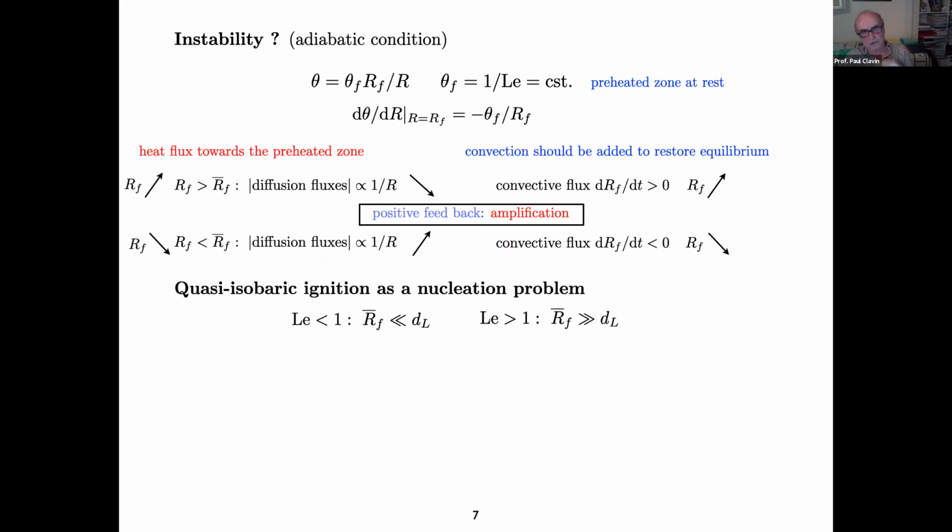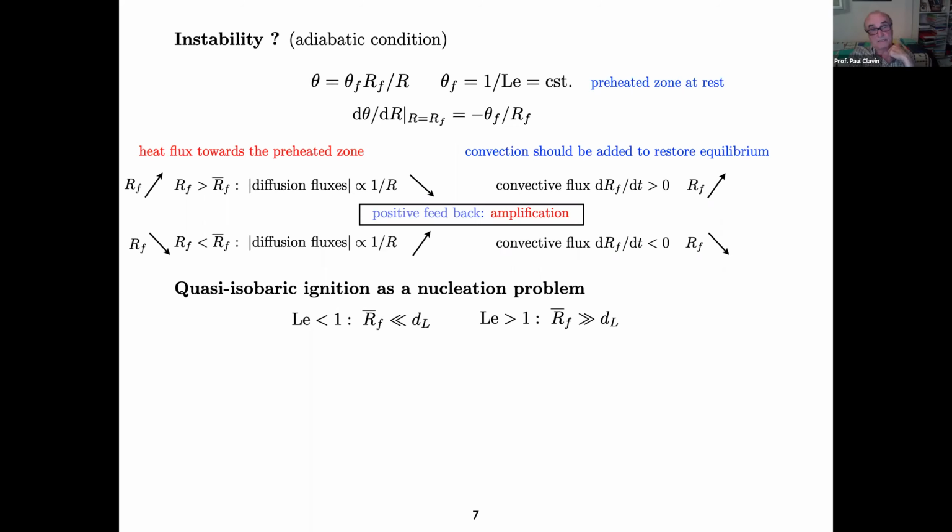But when it is larger, it goes above. So this equilibrium radius, this steady state radius, is in fact defined as a critical radius for the quasi-isobaric ignition. If the quasi-isobaric ignition leads to a radius larger than the steady state radius, you will ignite. If it is smaller, you cannot ignite.